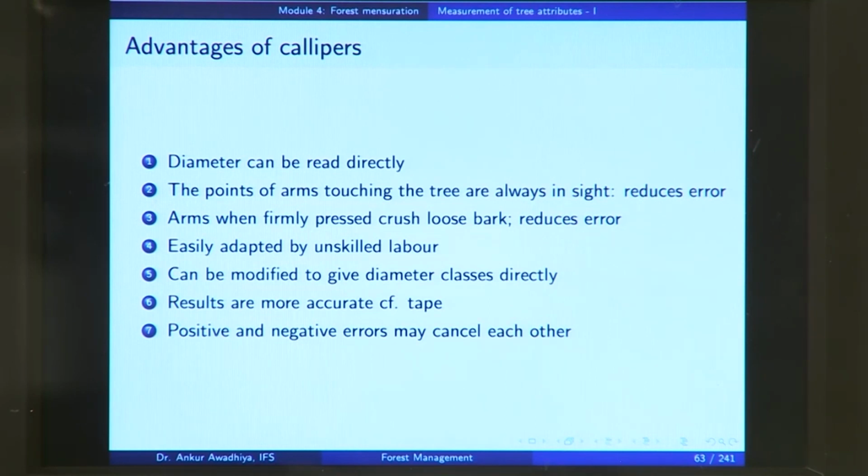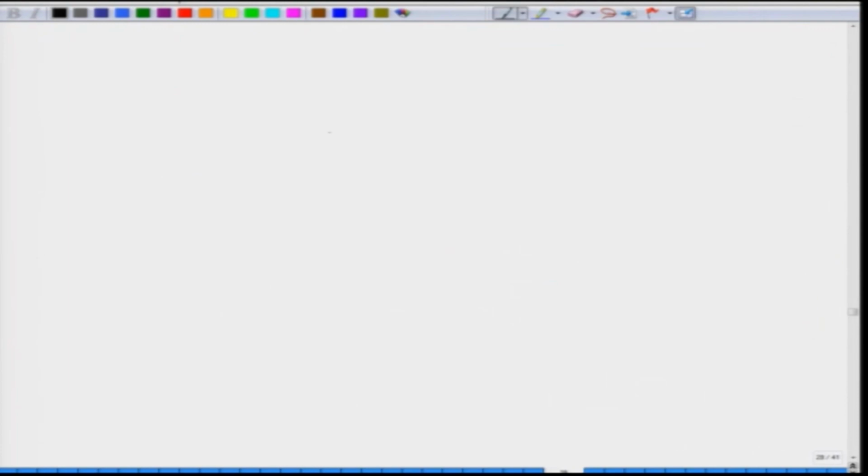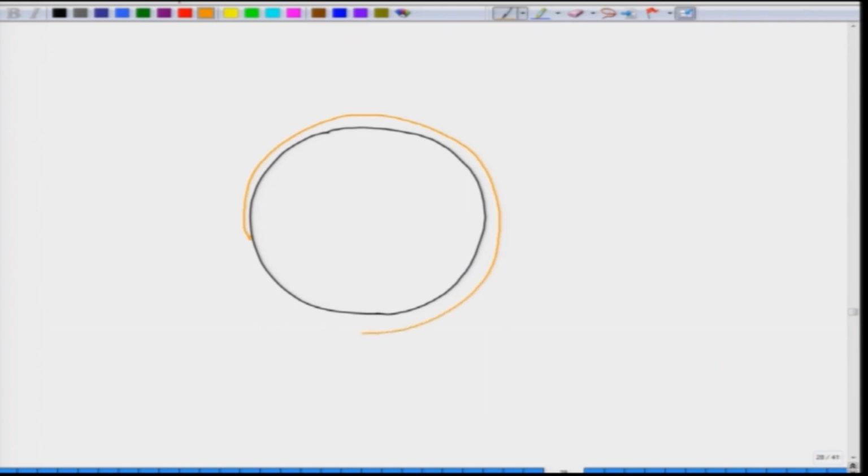One is that the diameter can be read directly. So, for instance, another instrument that we could use is a tape. If you have a tape, it is difficult to measure the diameter directly, but what you can do is put your tape all around your trunk and get the value of p, which is the perimeter.